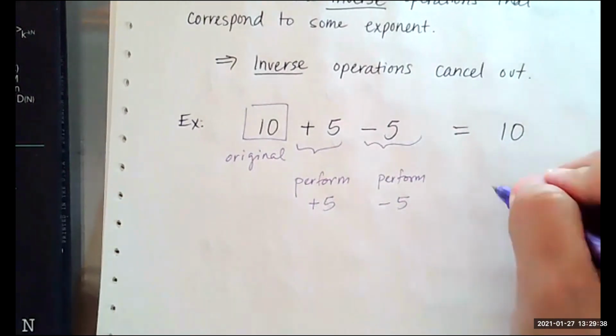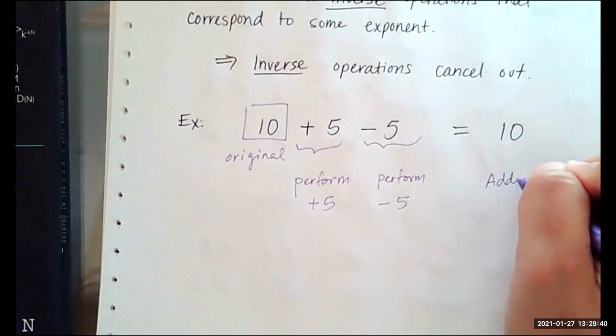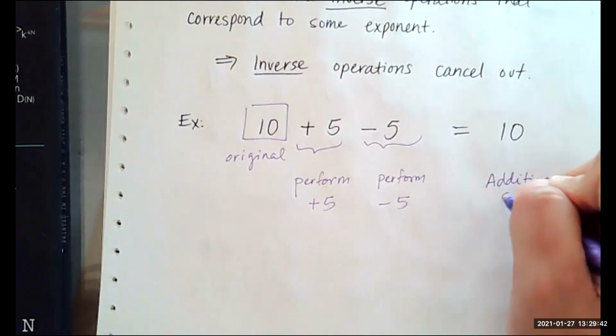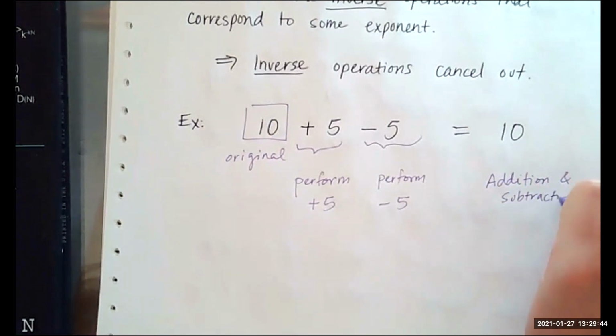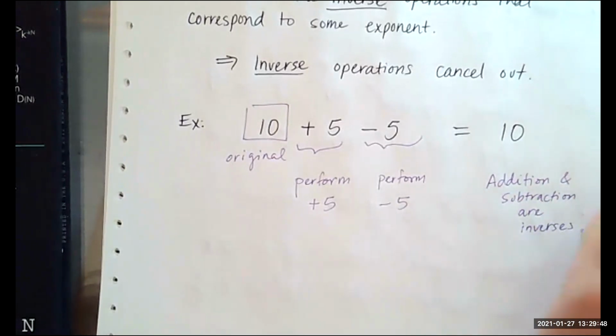So we say that addition and subtraction are inverses, because these guys cancel out.